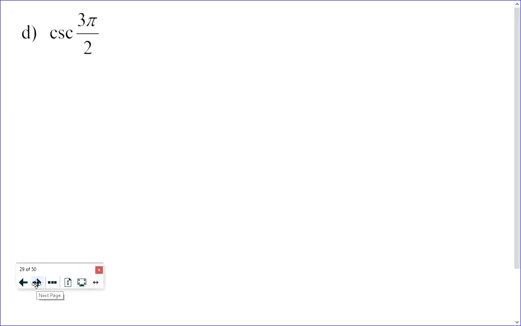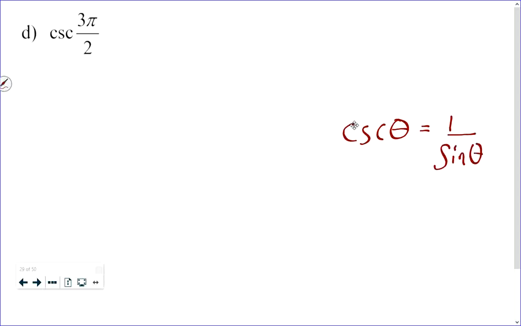Let's look at D now. What is the cosecant of 3 pi over 2? Well, we need to know two things. What does cosecant mean? Cosecant of theta is the reciprocal of sine of theta. Sine of theta is y.